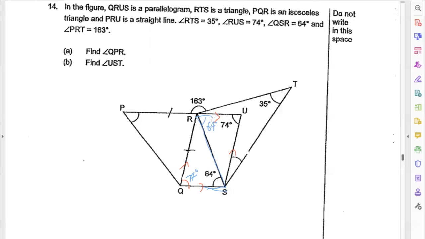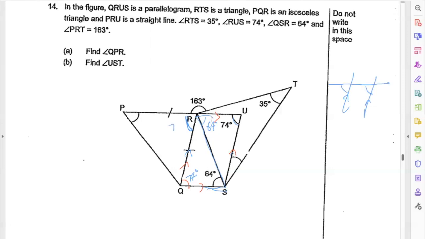Let's see, anything else I can get? There is a parallel line here. This is on the same parallel line as this angle. Whenever there are two parallel lines and a line cuts across, this is equal to this angle.